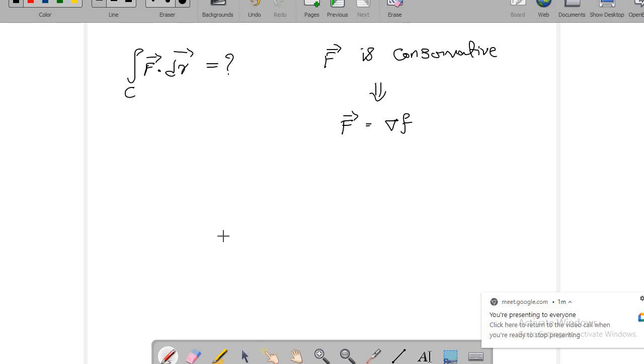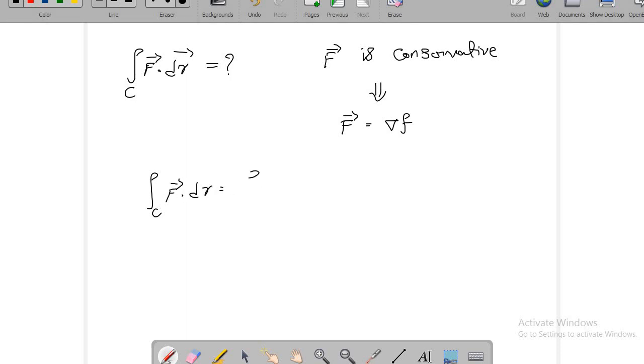Now f bar can be replaced with this. So the integral along C, f bar dot dr, can be written as the integral along C, gradient of f dot dr. But gradient of f dot dr is exactly the derivative of the function.